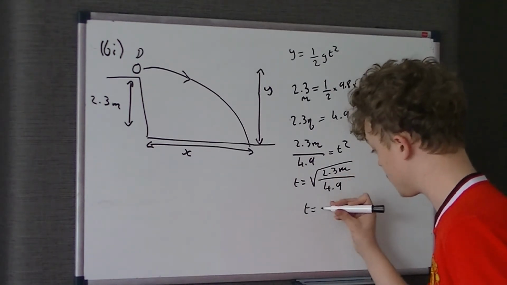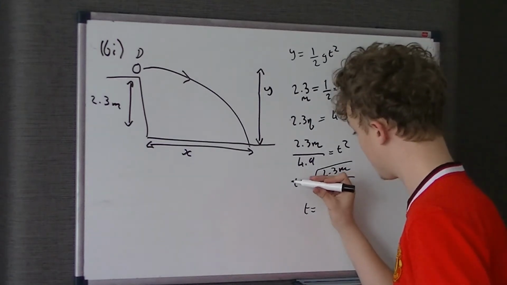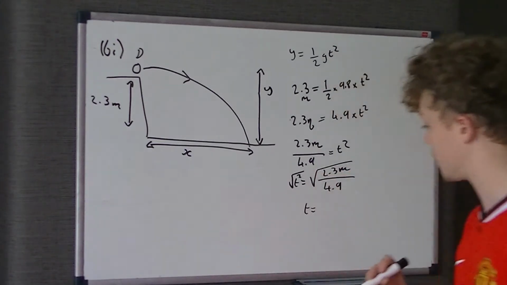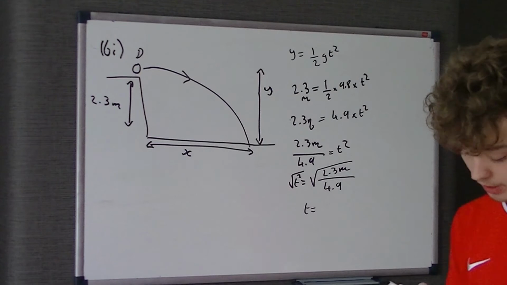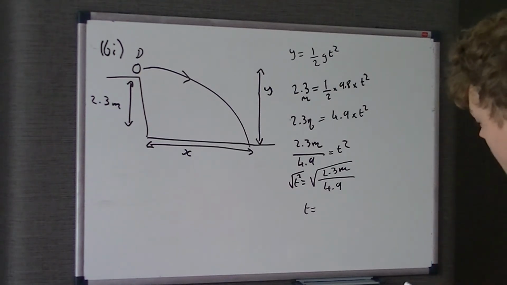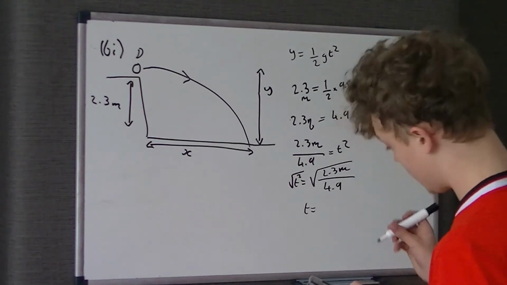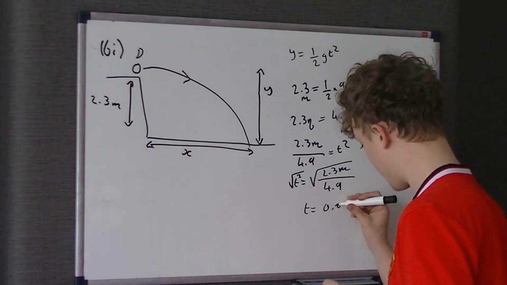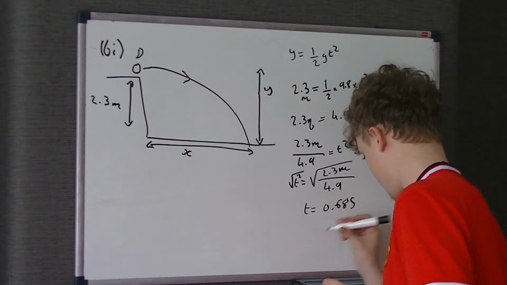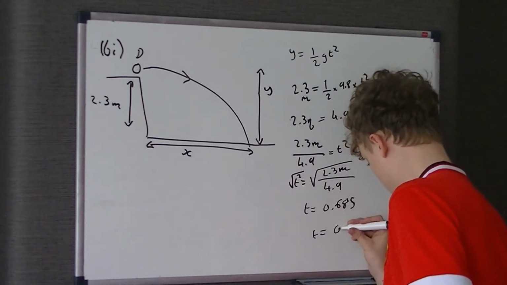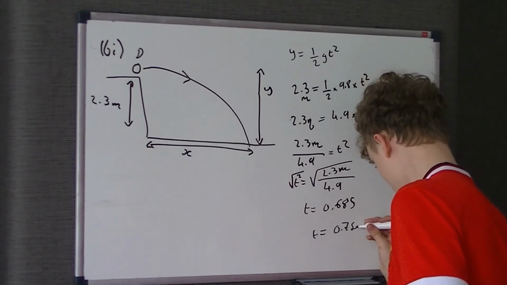The square root of t squared is just t, so if we put that in our calculator, 2.3 over 4.9 equals 0.685, which when you round it up, t is equal to 0.7 seconds.